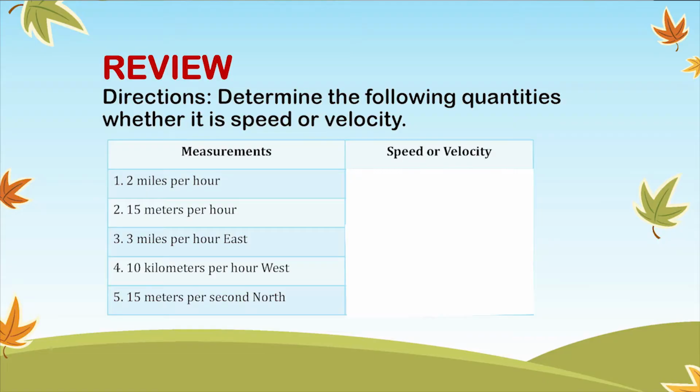Okay, if you are done, let us try to answer each item. For item number 1, 2 miles per hour, the answer is speed.